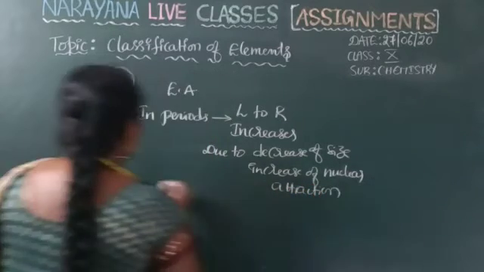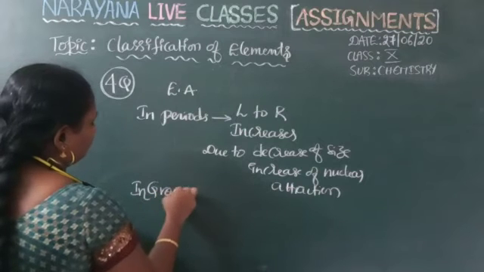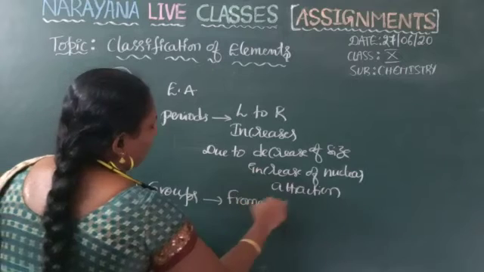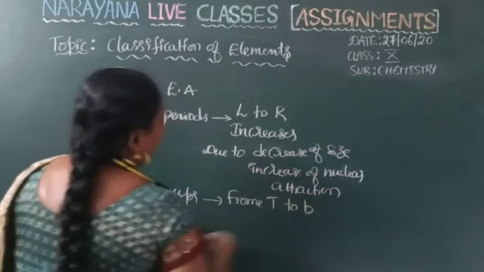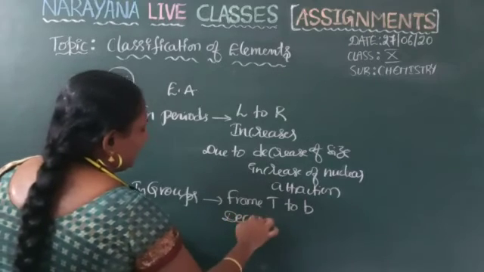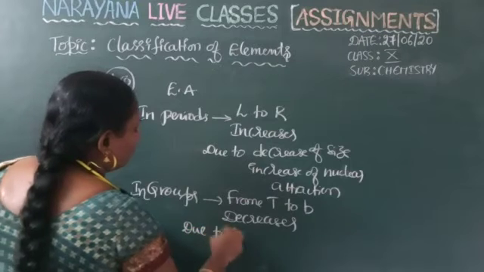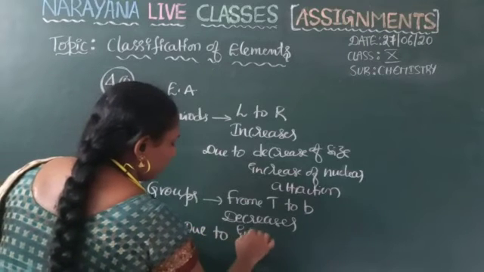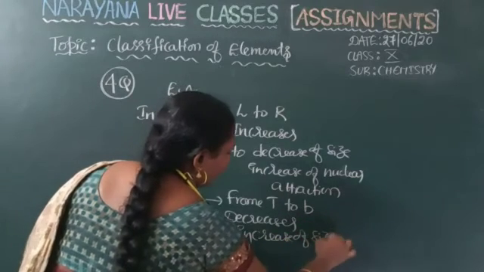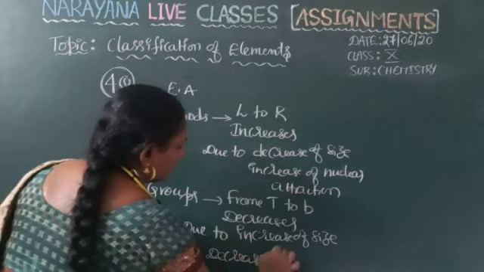Whereas in groups, from top to bottom, electron gain enthalpy decreases due to increase of size and decrease of nuclear attraction.